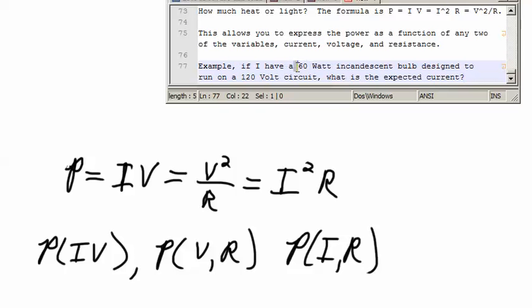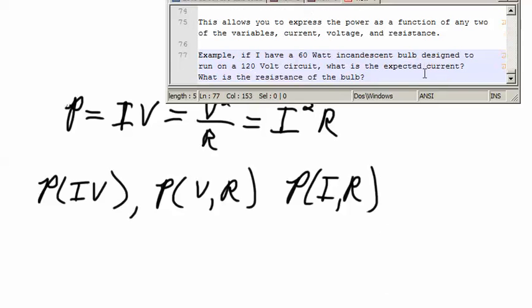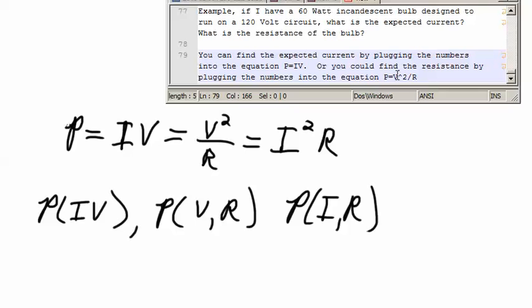Example, if I have a 60-watt incandescent bulb designed to run on a 120-volt circuit, what is the expected current? And what is the resistance of the bulb? Because you have the power and the voltage, you could find the expected current by plugging into the equation power equals current times voltage.